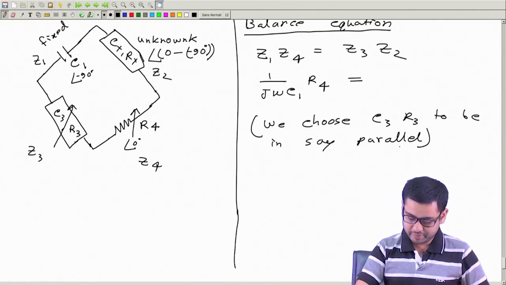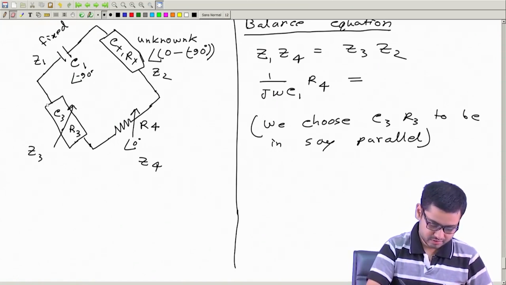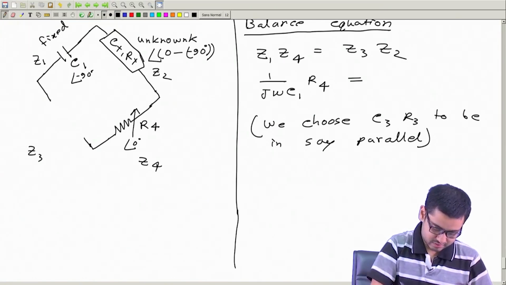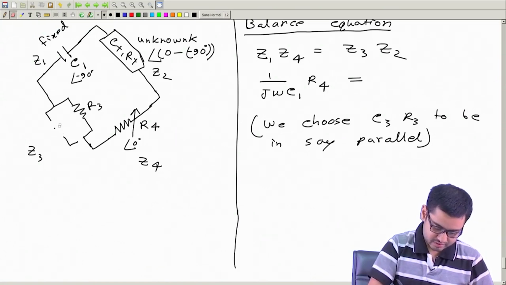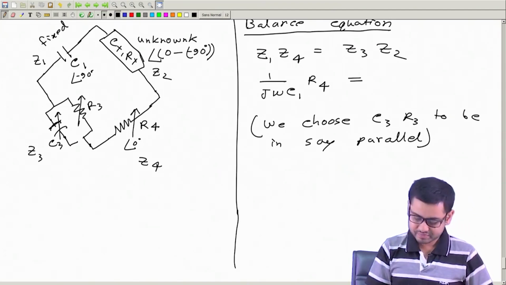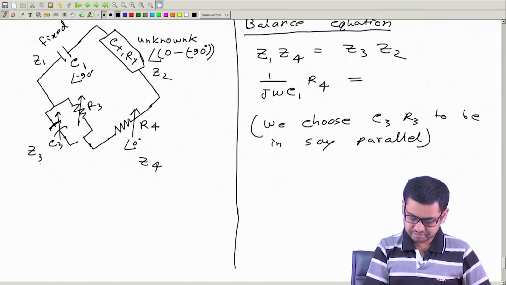So, we choose it to be in parallel. R3 C3, and these are variables, so I am putting these arrows.